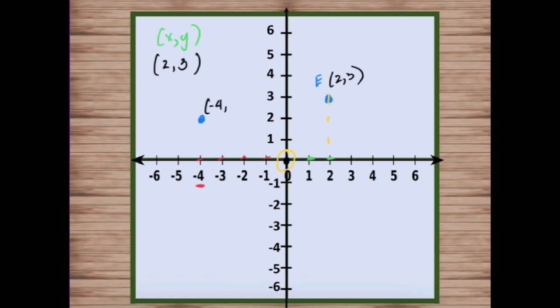And how about for the y? So from this location, we go 1, 2. So we went up 2 times, so that is still positive. So it's (-4, 2). And let's name this point F.